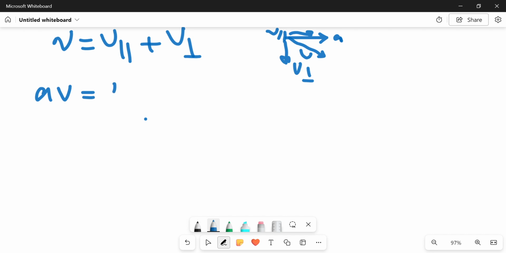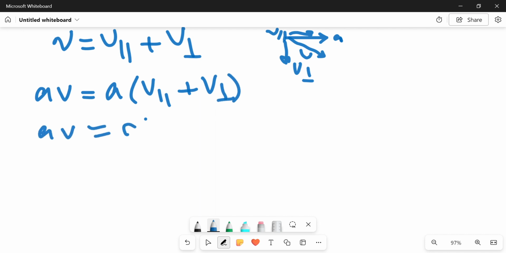What is AV? A times V equals A times V, where we write V in its components along and perpendicular to A. So AV is AV parallel plus AV perpendicular.